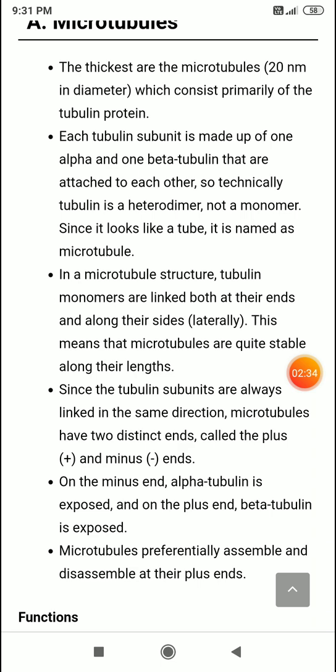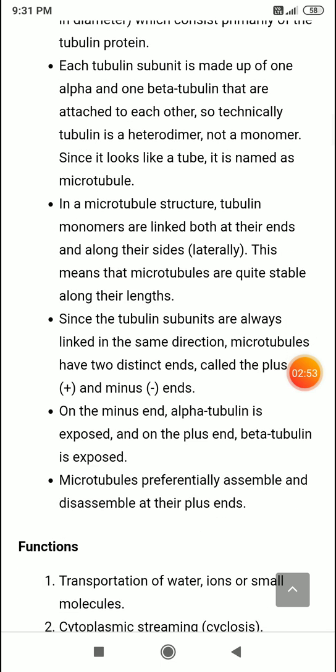Microtubules have two distinct ends, called plus and minus ends. On the minus end, alpha tubulin is exposed. On the plus end, beta tubulin is exposed. Microtubules preferentially assemble and disassemble at their plus ends.